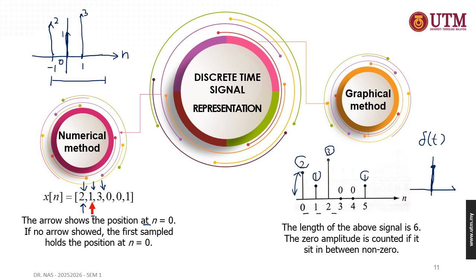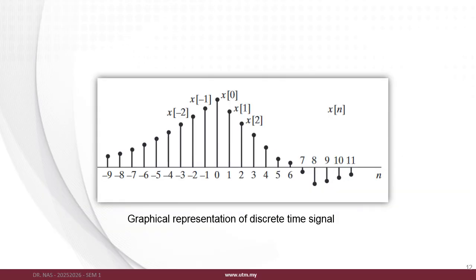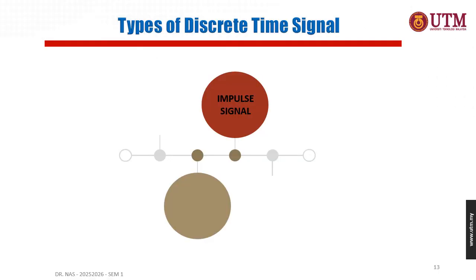This is delta(t), but in this case each of these is delta[n], because it's already in discrete n. So this is another graphical representation of a discrete time signal. On top is basically representing the amplitude of each sample.